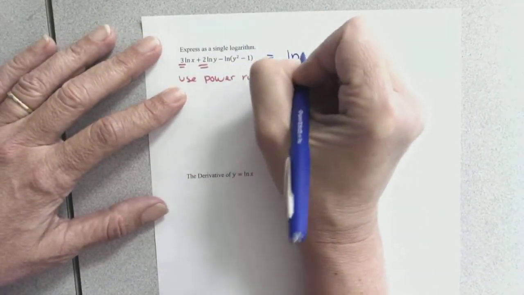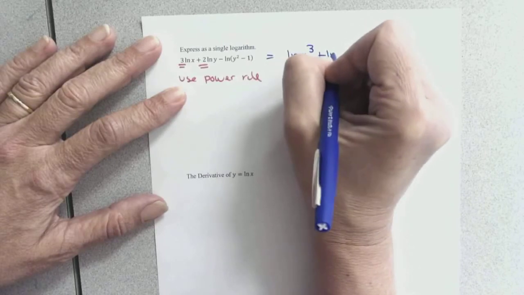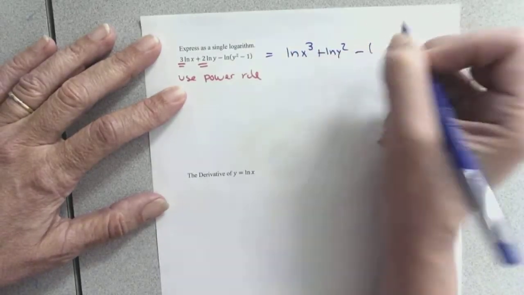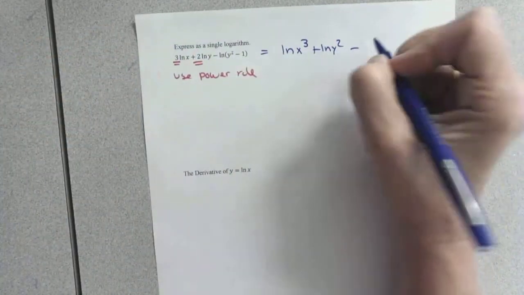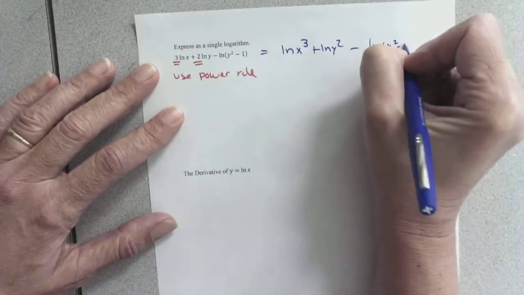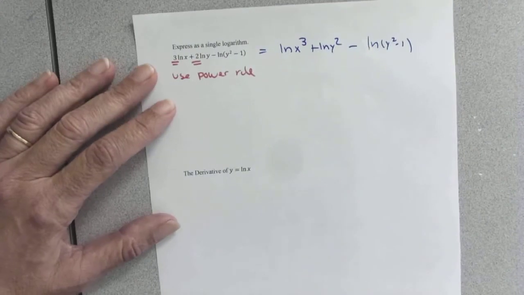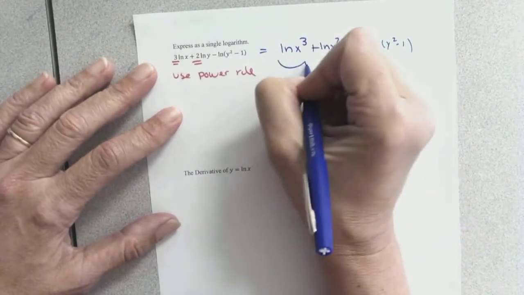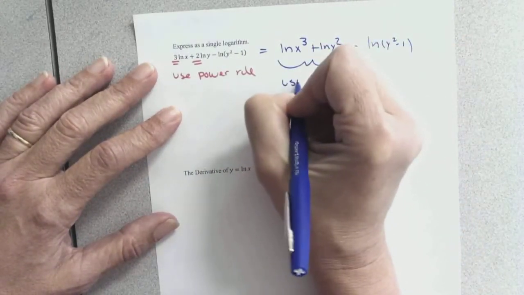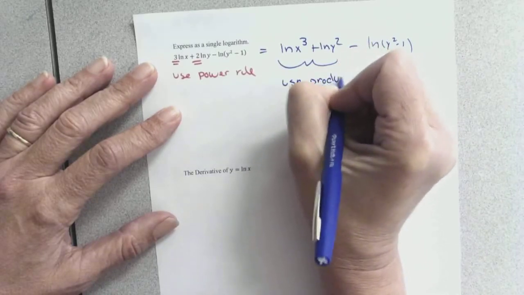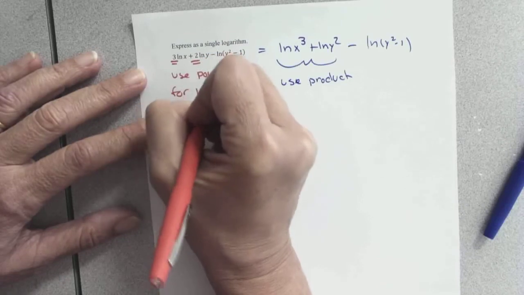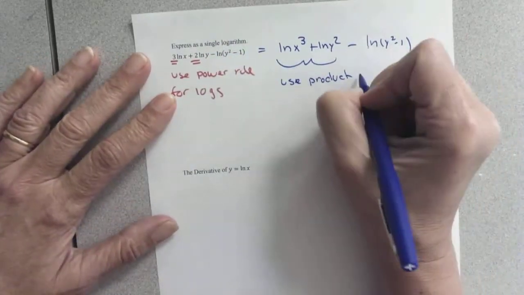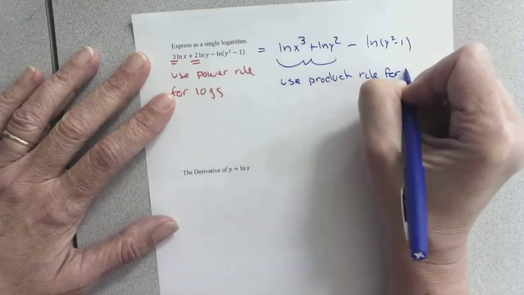And so this will become natural log of x cubed plus natural log of y squared minus the natural log of y squared minus 1. Then these guys use the power rule for logs, and product rule for logs.